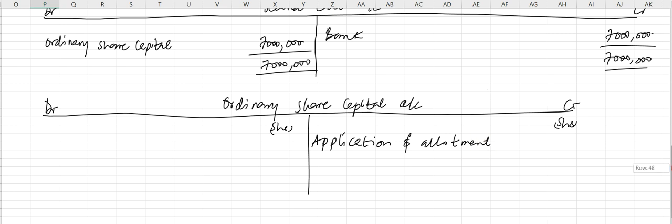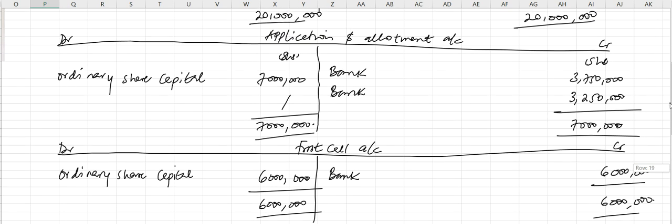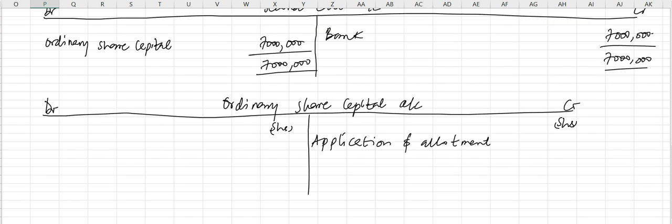Application and allotment, that's how much? That's 7 millions. Then we also have the first call. First call is how much?